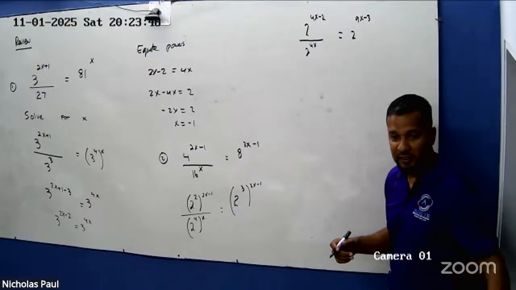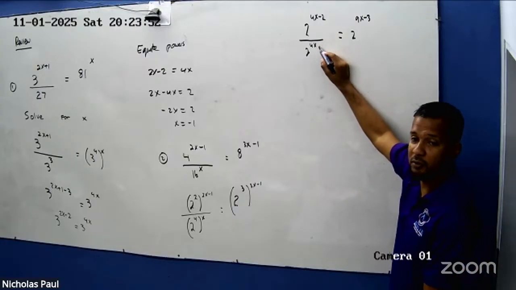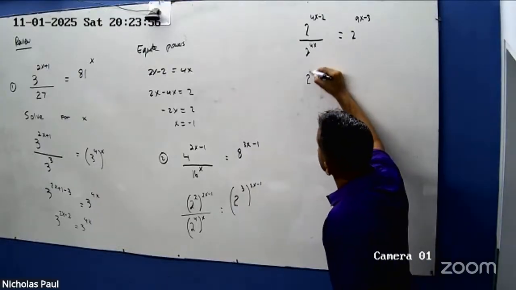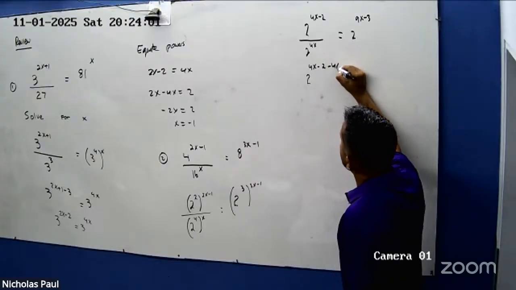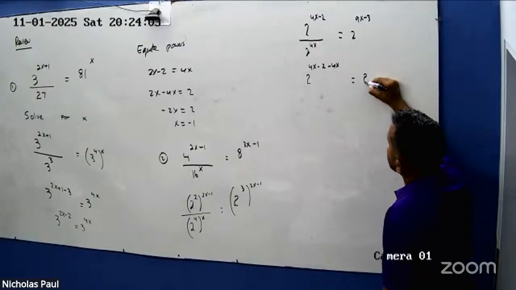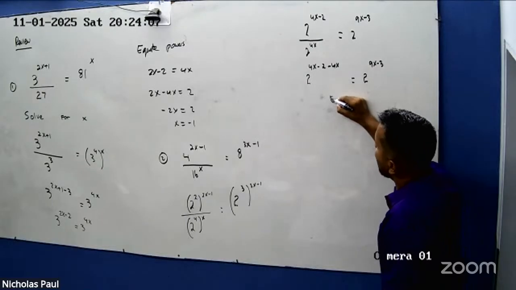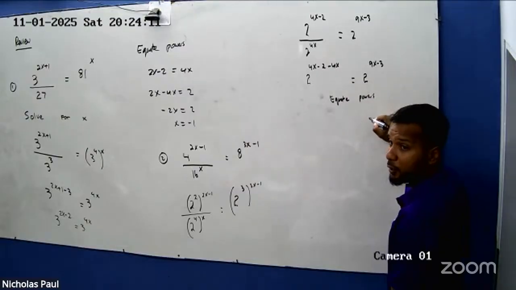Right? What's the next step? Same base divisions. So what to do? Subtract, right? So it will be 2 to the 4x minus 2 minus 4x is equal to 2 to the 9x minus 3. Now I could say equate the powers.